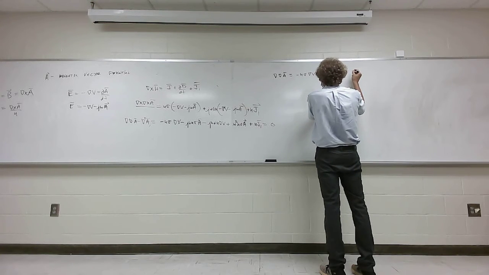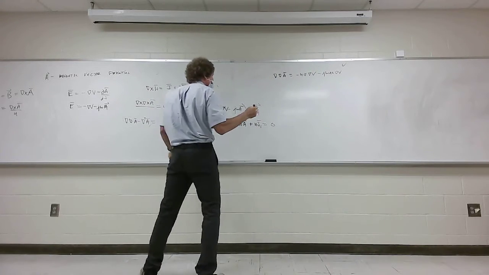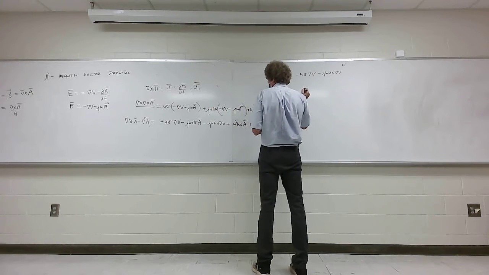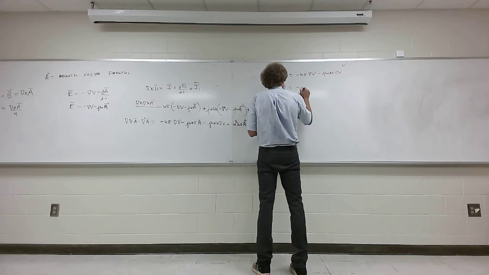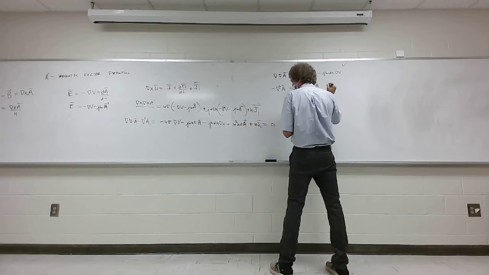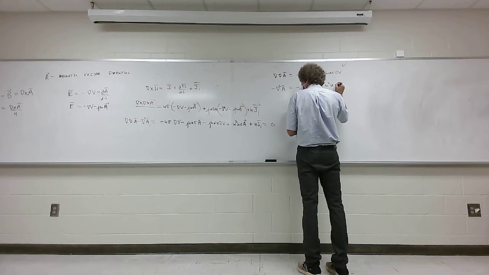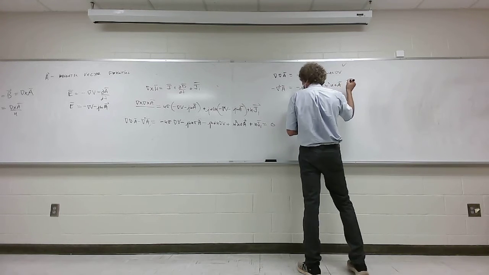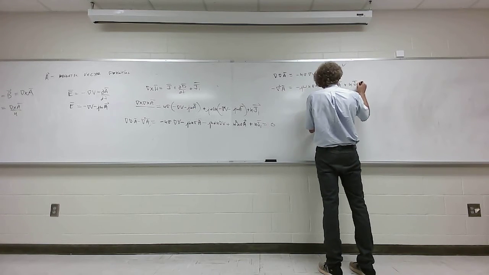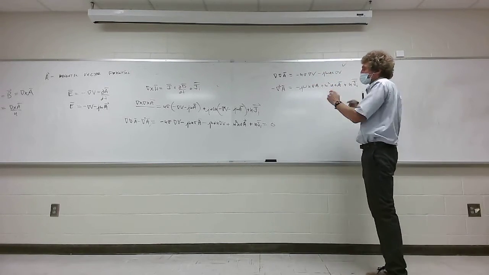And this is going to be true. And then I'm going to take this minus del squared of A on that side, equal to minus j omega mu sigma A plus omega squared mu epsilon A and plus mu J. Now, what I've done is, if this is true and this is true, that is true.